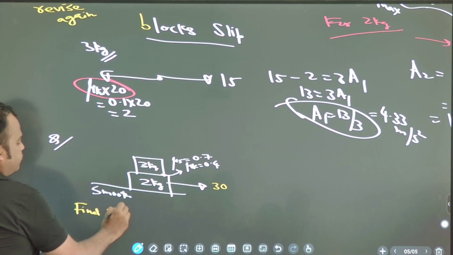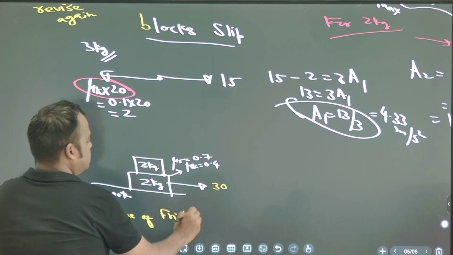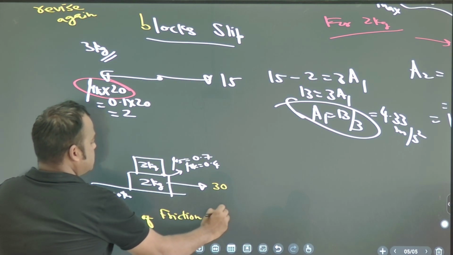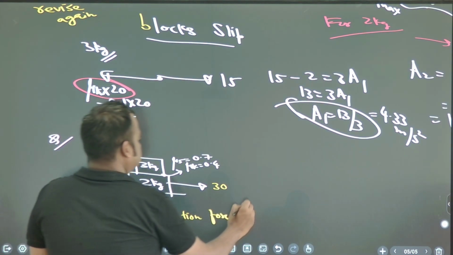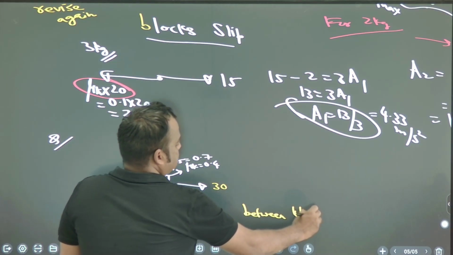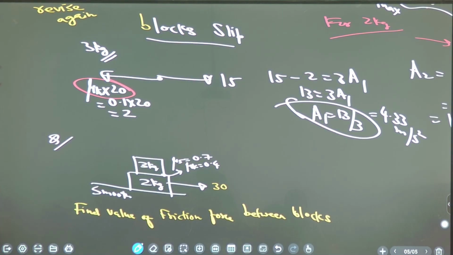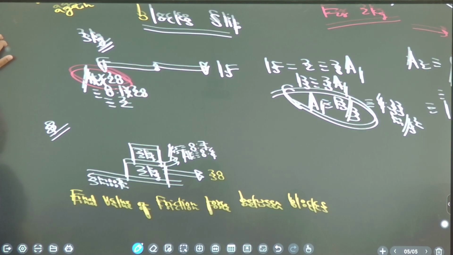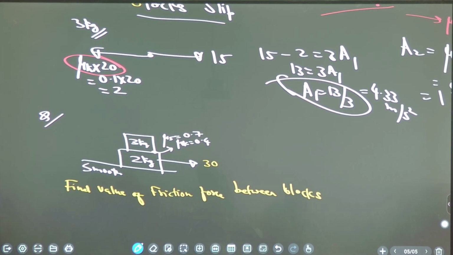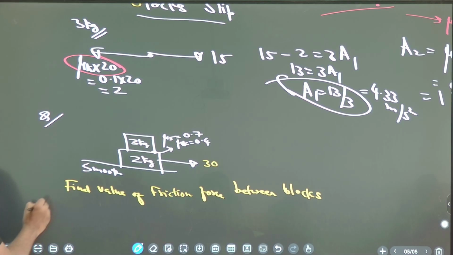Find value of friction force between blocks. Now, what is your first step? Slip or not slip? Correct. Good.